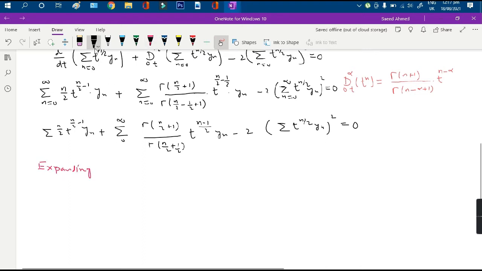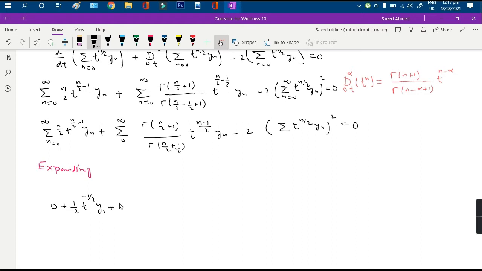Expanding these terms, from the first term, since n starts from 0 to infinity, when n is 0 the first factor is 0, so the whole term is 0. Then when n is 1, this is 1/2 t to the power 1/2 minus 1, so it is t to the power minus 1/2, times y_1.